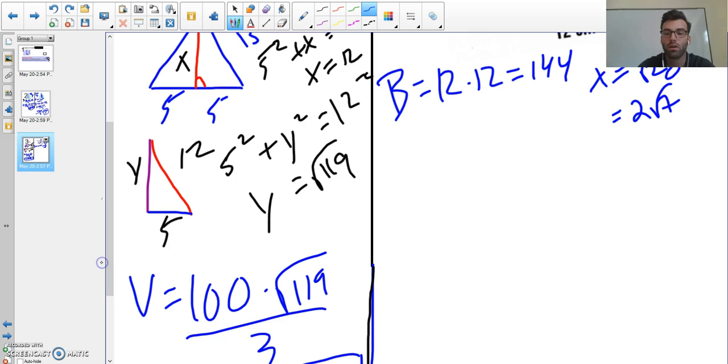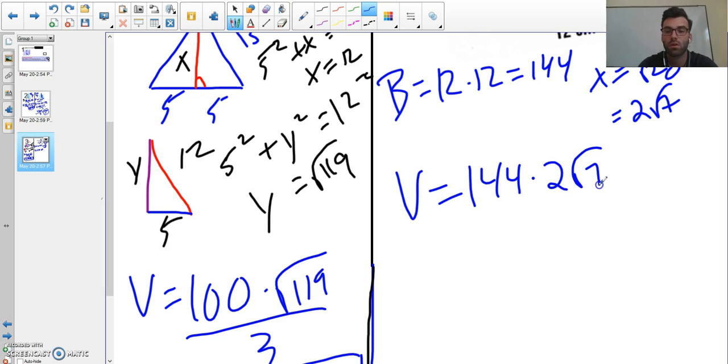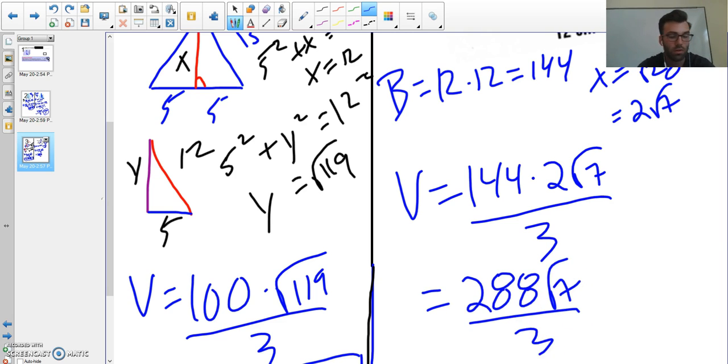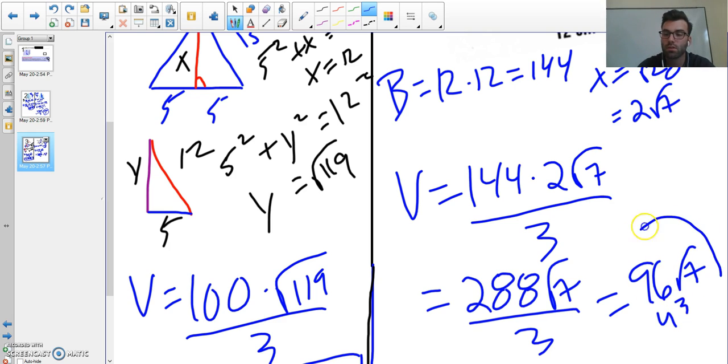So for the volume, I'm going to do 144 times 2 root 7 all over 3, which is 288 root 7 over 3, which gives me 96 root 7 units cubed.